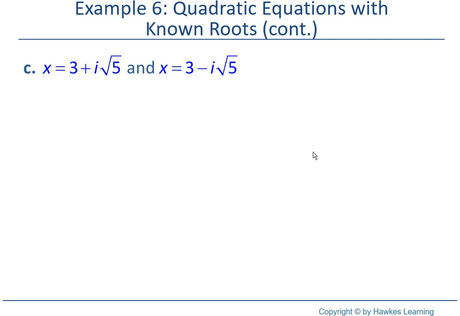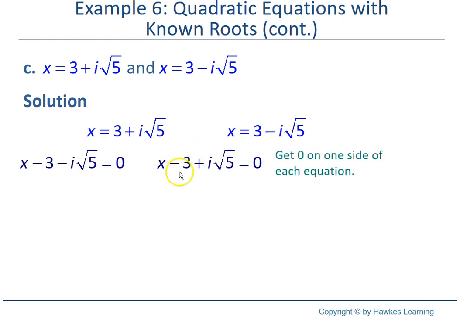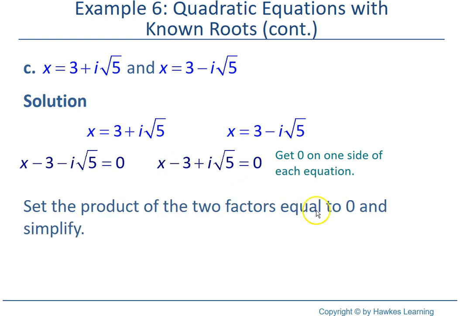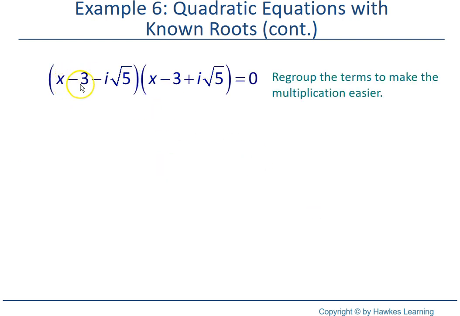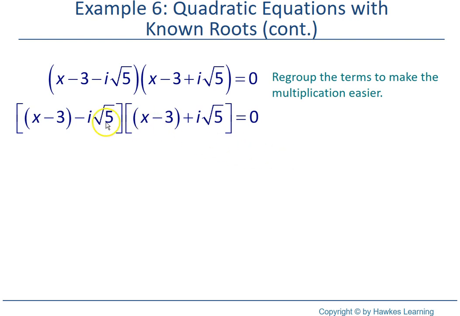So for letter C, they're doing it the same way. We're going to move everything over to one side, and we have our x minus 3 that we'll put like so. And now when we multiply this, let me just do that here because they don't show it that clearly here.